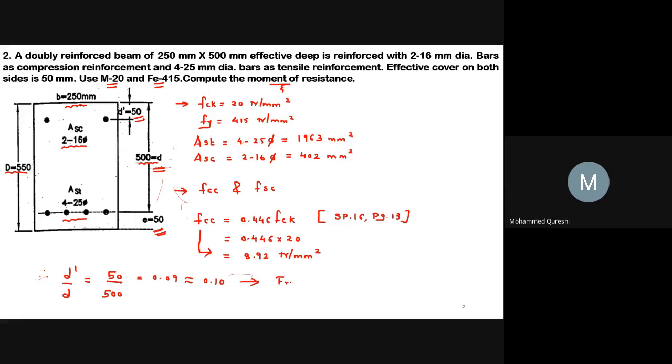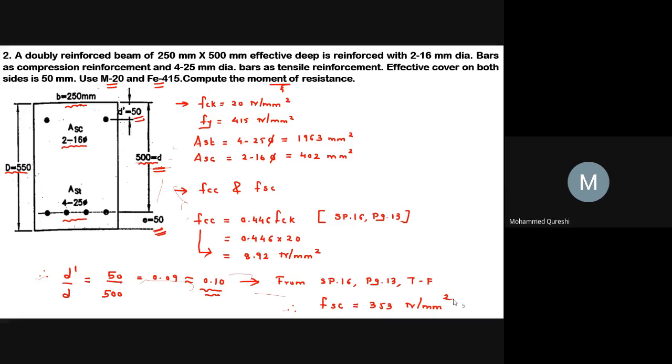Now, by using SP16, page number 13, table F, and the ratio d dash by d equals 0.10, we will get the value of fsc as 353 Newton per mm square.